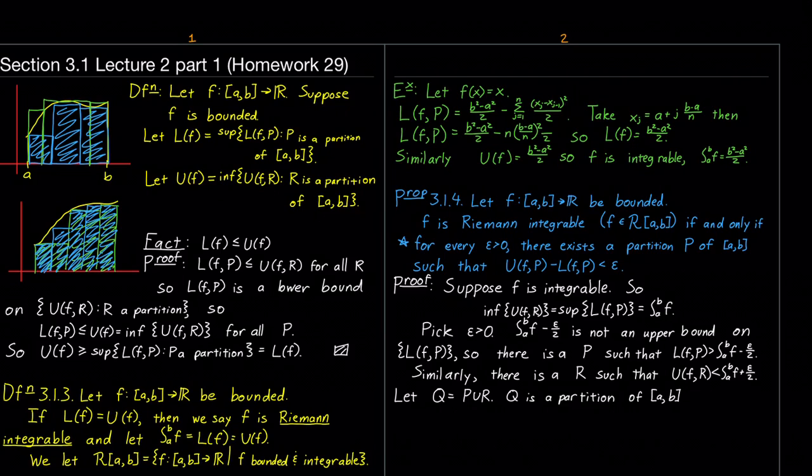Partition, remember, means a finite subset that includes the endpoints. P is a finite set, R is a finite set, their union is finite. P and R are both contained in [a, b], so Q is contained in [a, b], and the endpoints are in both P and R, so they must be in Q.